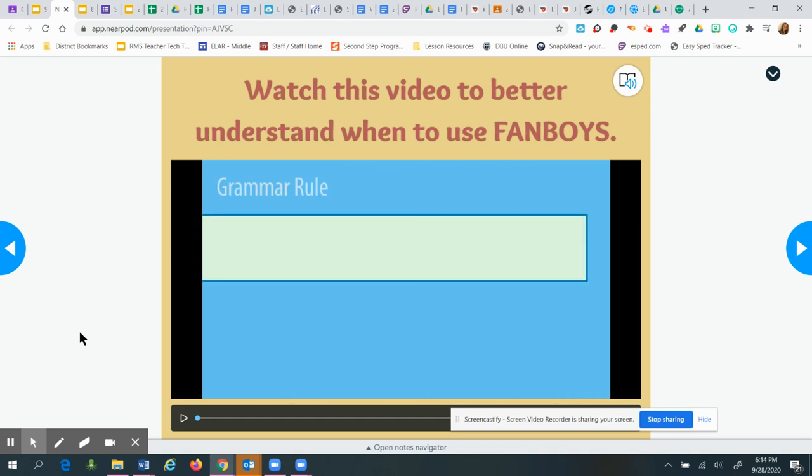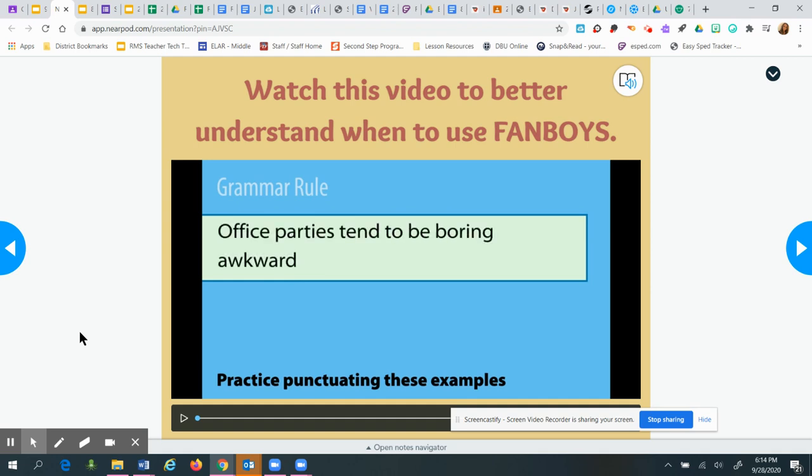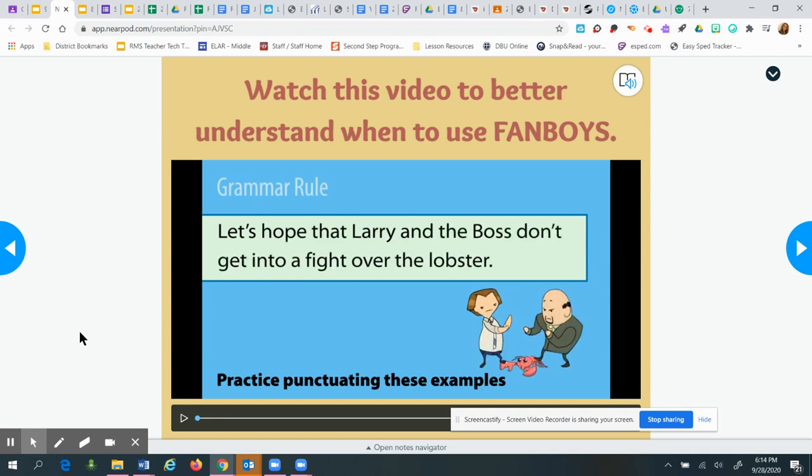Do these fanboys need commas? Practice punctuating these examples. Office parties tend to be boring, awkward, or awesome. Yes, use commas in a series. Let's hope Larry and the boss don't get into a fight over the lobster. And is a fanboy, but it's connecting 2 nouns. No comma.